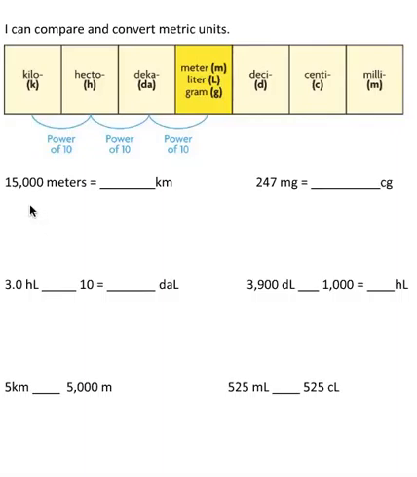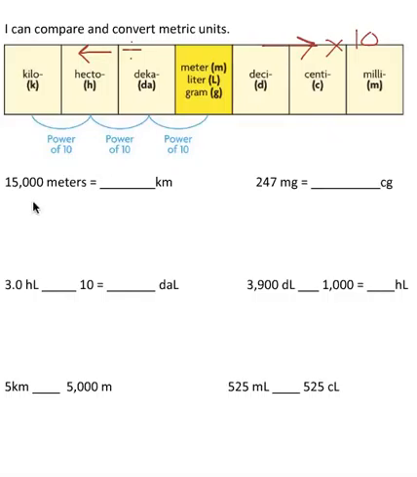That means I would need to divide my 15,000 meters by 1,000 because I moved 3 spaces to the left. So an easy way to remember is when you're moving to the left, you're going to be dividing. When you're moving to the right, you're going to be multiplying. And you're dividing and multiplying by powers of 10.